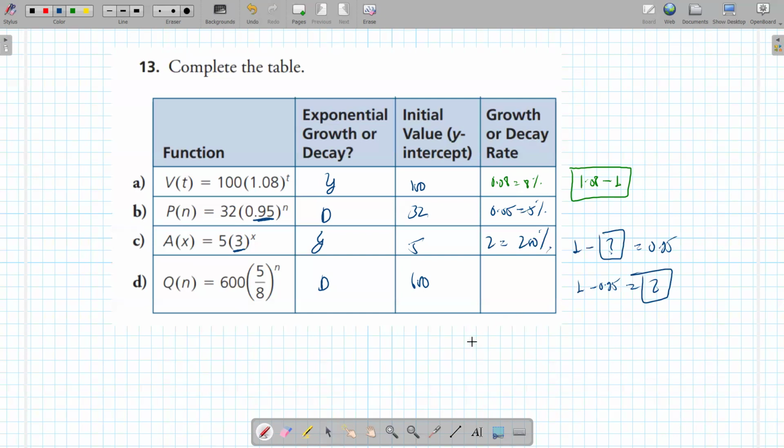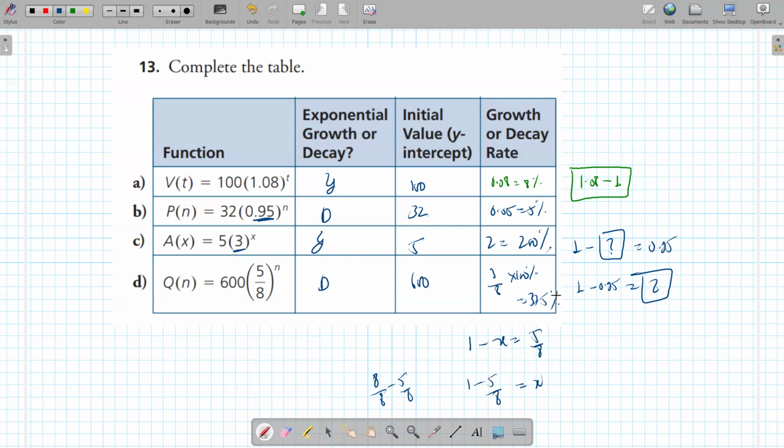Look at this. 1 minus x is 5/8, where x is our rate. So therefore, x is 1 minus 5/8, which is 8/8 minus 5/8, which is 3/8. And then you multiply that by 100 to get what? 12.5 times 3, 37.5%. And you are done. Okay?